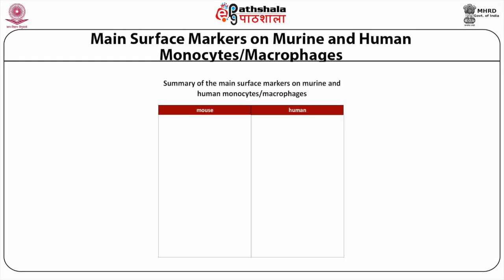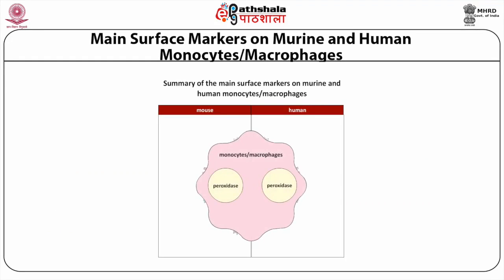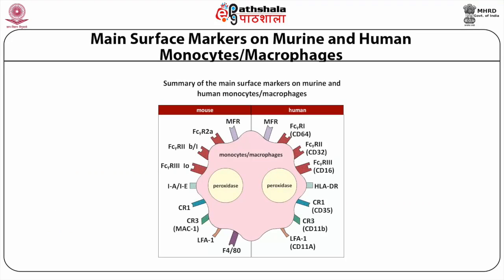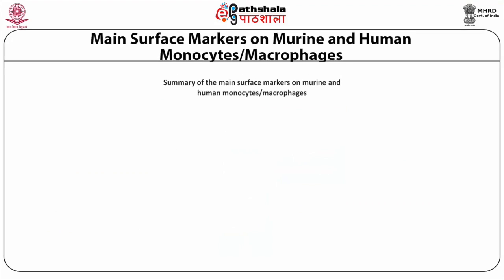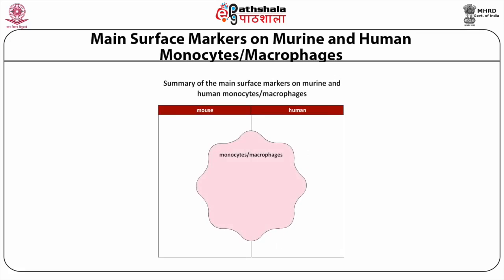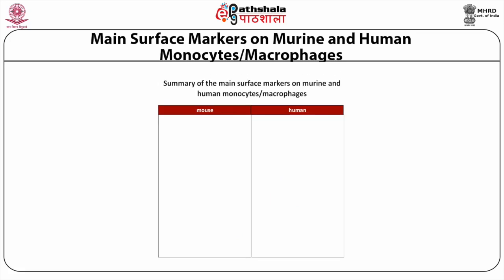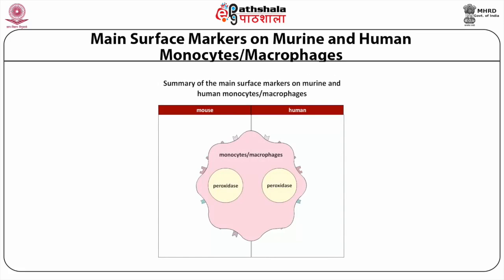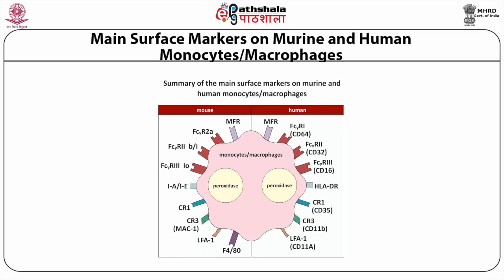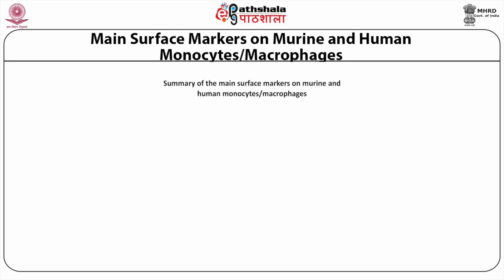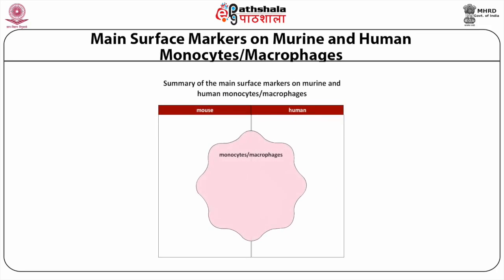Human as well as murine macrophages have mannosyl fucosyl receptors responsible for binding to sugars on microbial surfaces. CD14 is a receptor for binding to LBP, that is lipopolysaccharide binding protein. LBP in serum coats gram-negative bacteria and thus facilitates their uptake by macrophages.